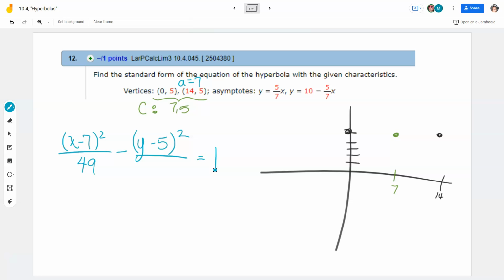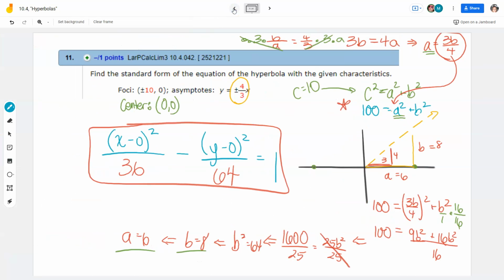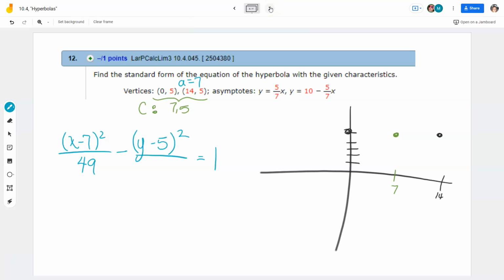But I know A, which makes it a little bit easier than this one. This one I didn't know B or A when they gave me some asymptote clues. This one, I do know A, and I know an asymptote clue. So like you said, Ryan, if I take the slope of the asymptote, I do know that slope, 5 over 7. My A is the over guy, because it's horizontal, so my B is going to be the upwards guy.